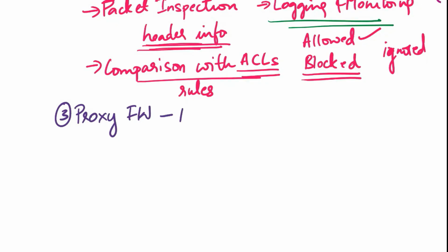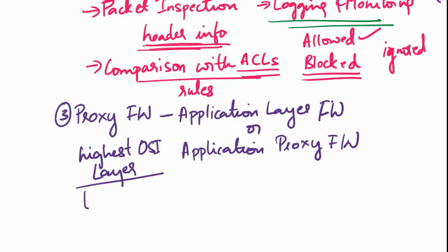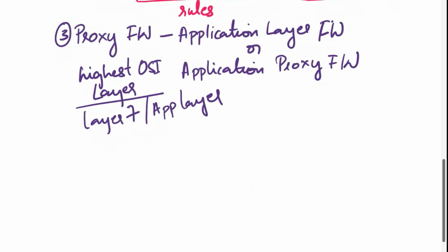Okay, the next type of firewall that we'll discuss is proxy firewall. This is also known as application layer firewall or sometimes as application proxy firewall. This is a type of network security device or software that operates at the highest OSI layer, that is layer 7 or application layer. So we learned that packet filtering firewalls and stateful inspection firewalls operate at lower network levels, right?